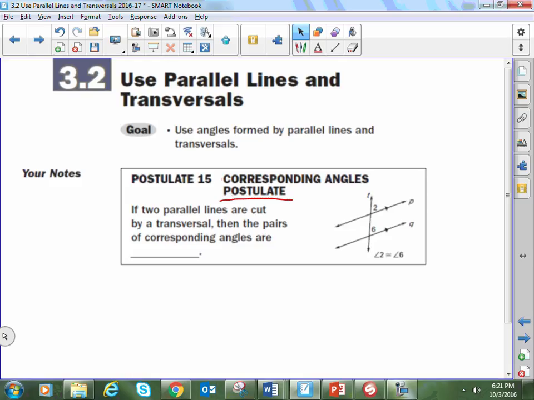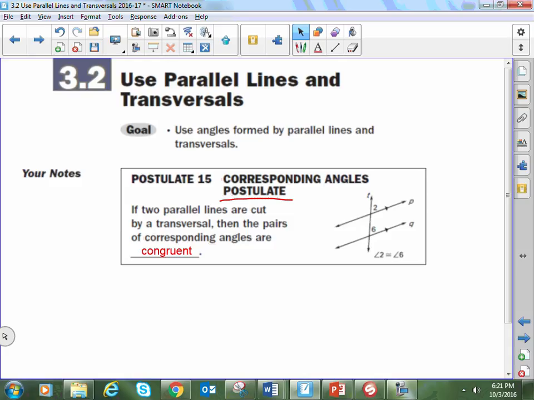Maybe I would be able to see a pattern and therefore write a conjecture, but as a postulate, something I can accept to be true, I'm not 100% sure. But I'll accept it for what it's worth because I didn't write the material. Here we are saying that if I have corresponding angles that are formed with parallel lines, then those angles will be congruent to each other.